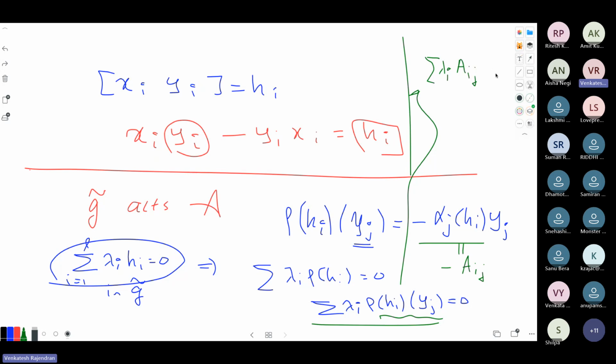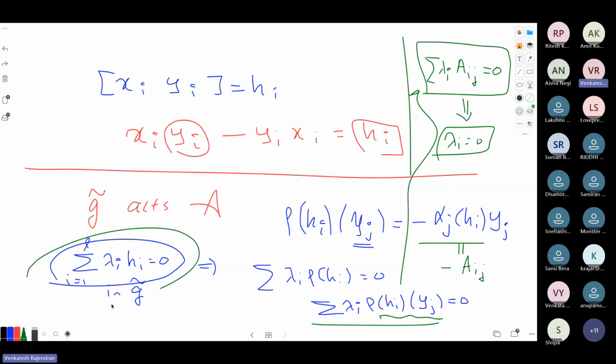Yj is a non-zero vector, so only the scalar part we can consider. So that will be 0, and this is true for all i, j. But A is given to be a positive definite matrix, in particular invertible. So that will force that lambda i is 0. Okay, so that means you don't have any relations among these Hi inside G tilde.